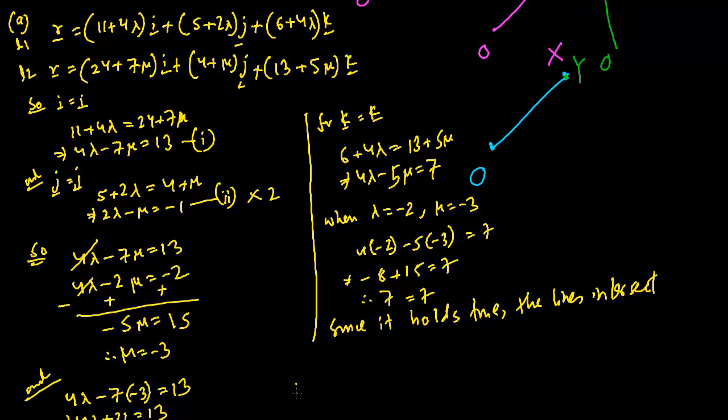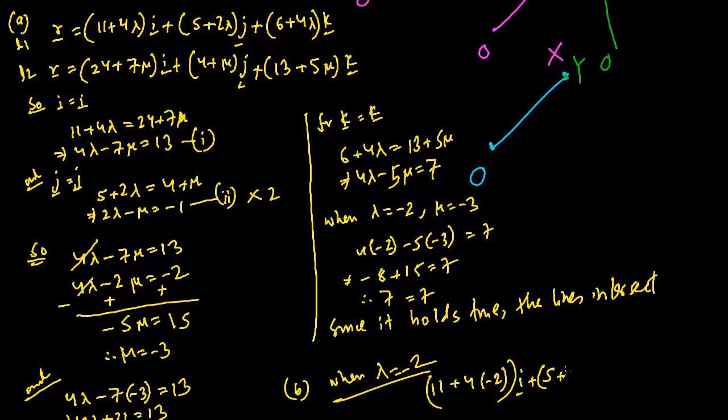Question B is going to be when lambda equals minus 2. So the position vector is going to be 11 plus 4 into minus 2 i, plus 5 plus 2 into minus 2 j, plus 6 plus 4 into minus 2 k.